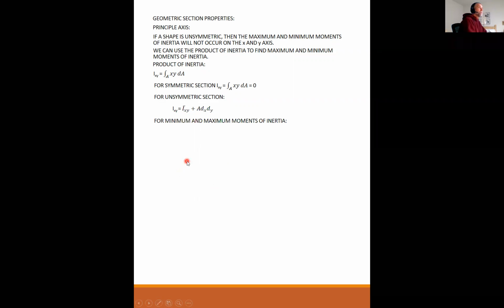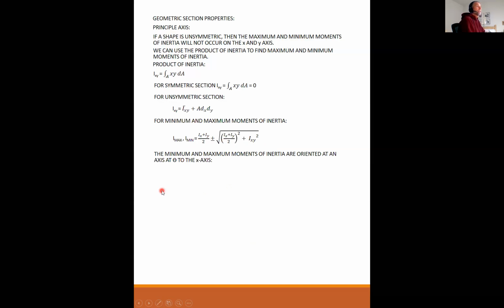For the minimum and maximum moments of inertia, the maximum is going to be (Ix plus Iy) over 2 plus the square root of ((Ix minus Iy) over 2) squared plus the product of inertia Ixy squared. The minimum is going to be (Ix plus Iy) over 2 minus the square root of the sum of the squares.